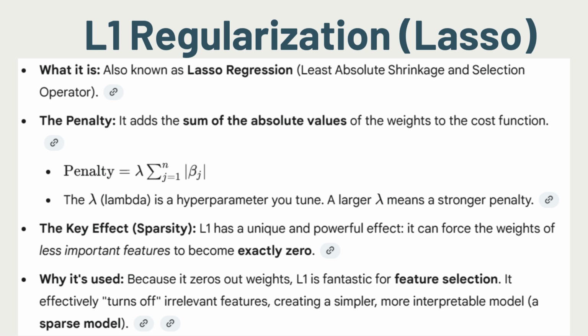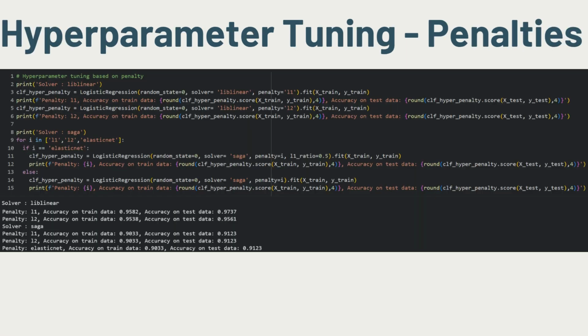It forces the weights of less important features to become exactly 0, creating a simpler, more interpretable model. The last available penalty, elastic net, is just a combination of L1 and L2. We can run the penalties with the applicable solvers and print the accuracy scores as well. There doesn't seem to be much improvement.